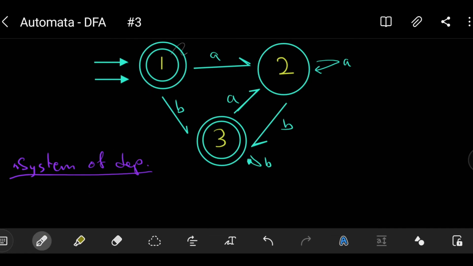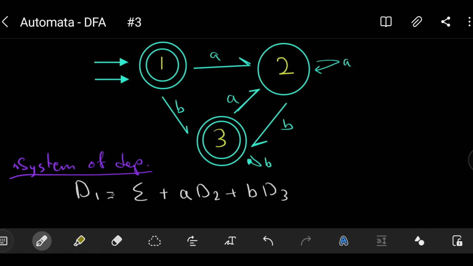A. Number 1, D1 would be, derivative 1 would be epsilon plus A D2 plus B D3. Why am I doing this?